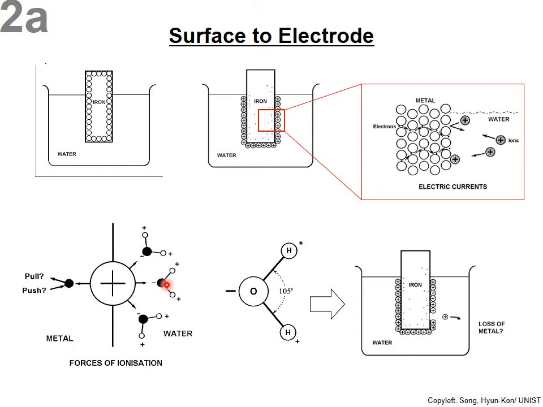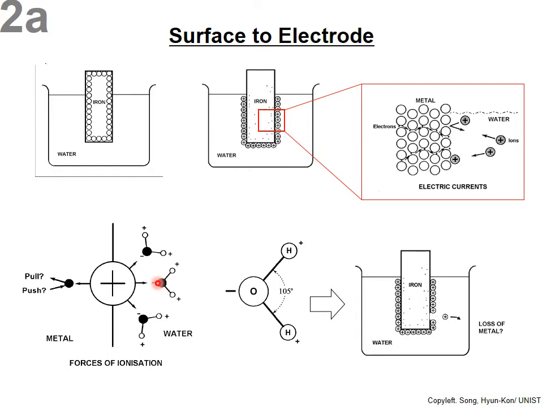In this case, the negatively charged oxygen atom is going toward the positively charged metal atom on the surface. So of course there is some attractive force between the plus charge on the surface and the negative charge on the dipole. That is the first attractive force.